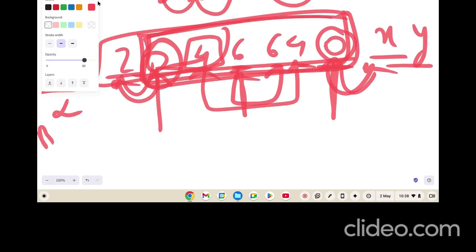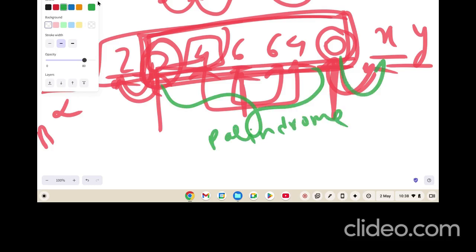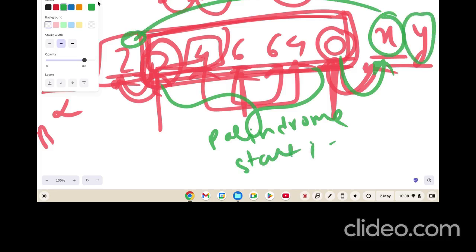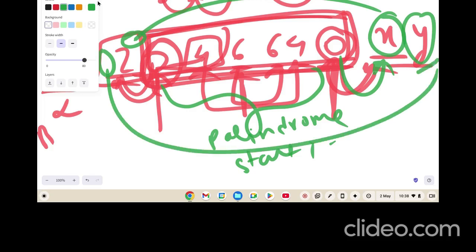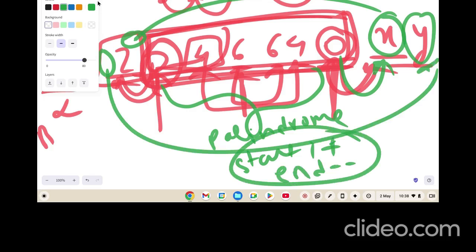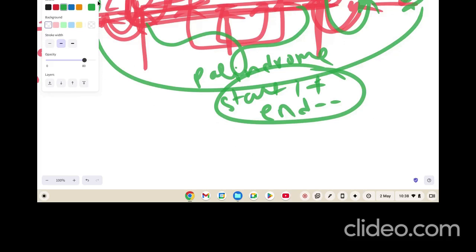So if this is a palindrome, now I should expand. You will say, okay, is this element equal to this element? If yes, continue, you do a start plus plus. Then you say, is this element equal to this element? Yes. If it is, you do a start plus plus and an end minus minus. This way, you can expand around these elements again.